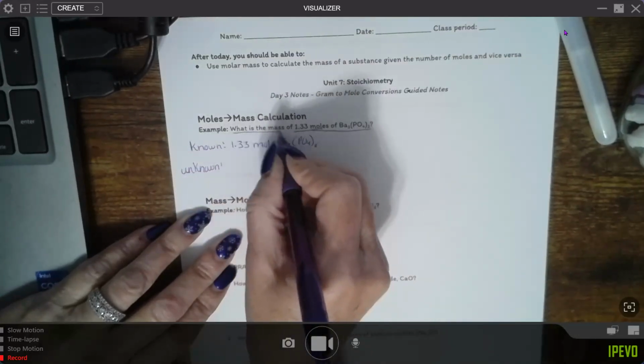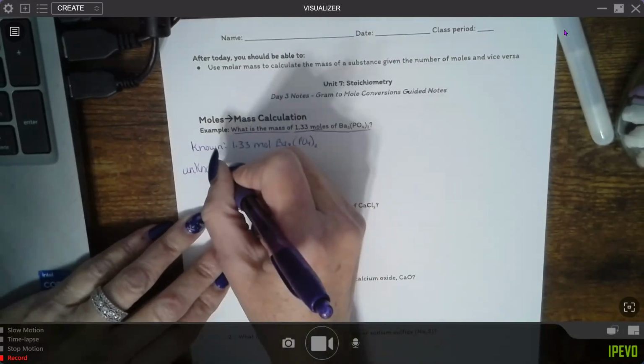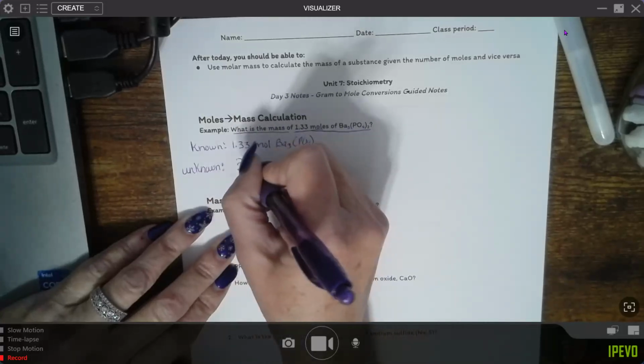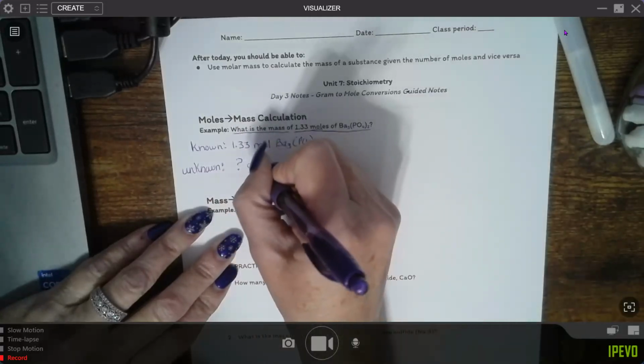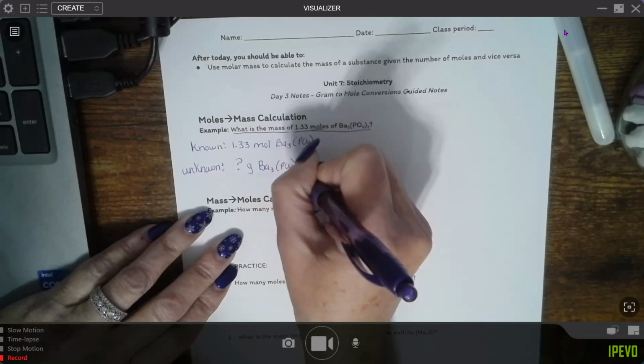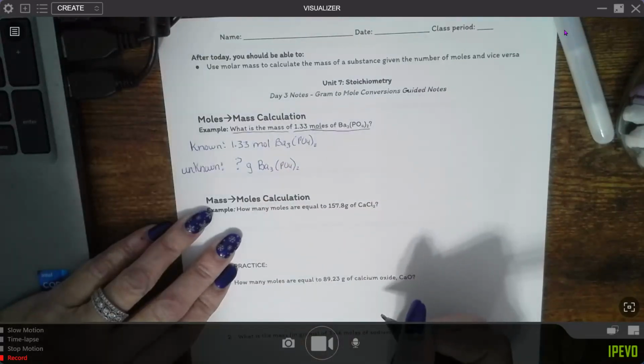So in this case, it says, what is the mass? Mass is the grams. So it's asking us to calculate how many grams of barium phosphate there are in 1.33 moles.